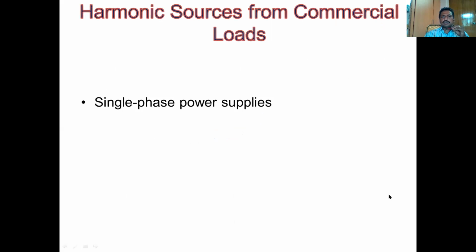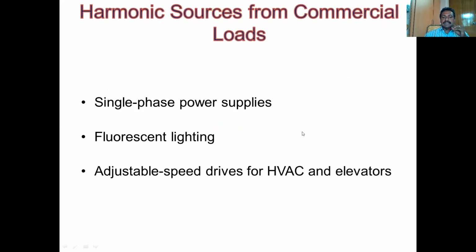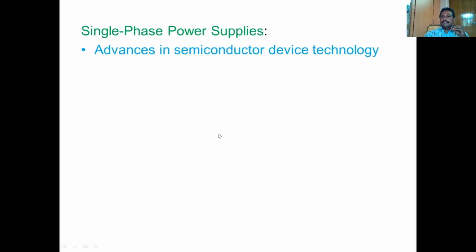Next, what are the harmonic sources from commercial loads? Number one is single phase power supplies. Number two is fluorescent lighting. Number three is adjustable speed drives for HVAC, high voltage AC and LV. First, single phase power supplies. What are those?